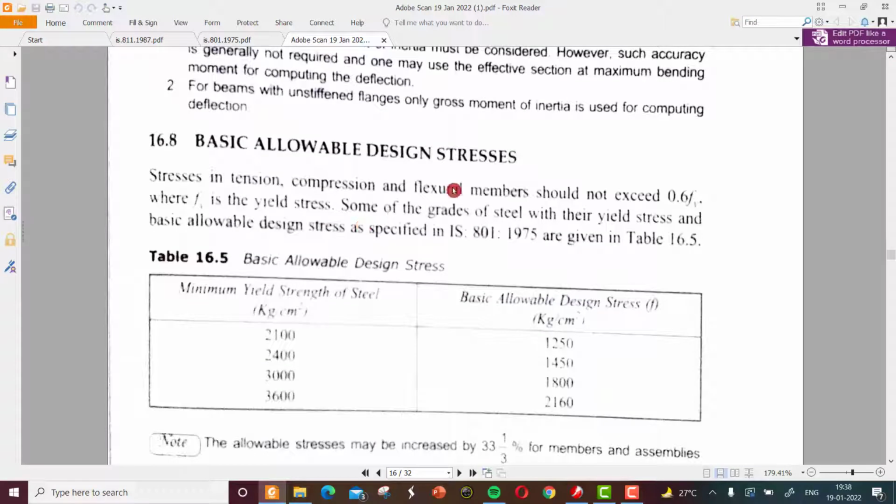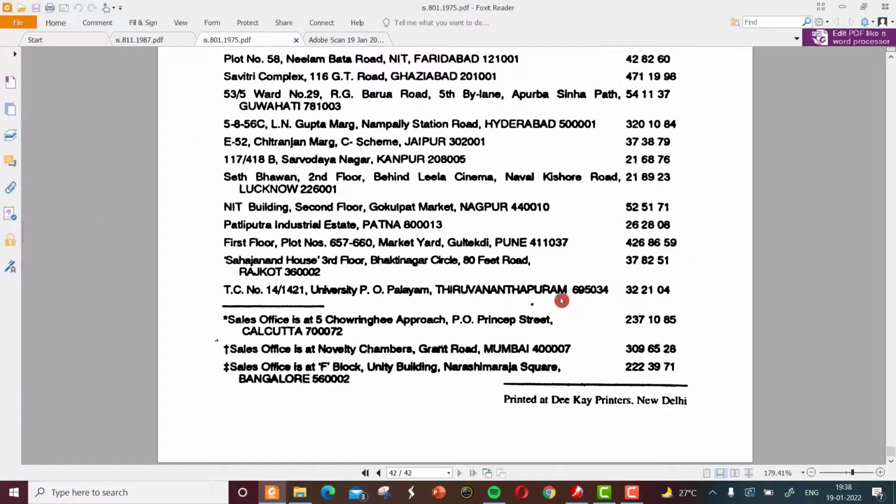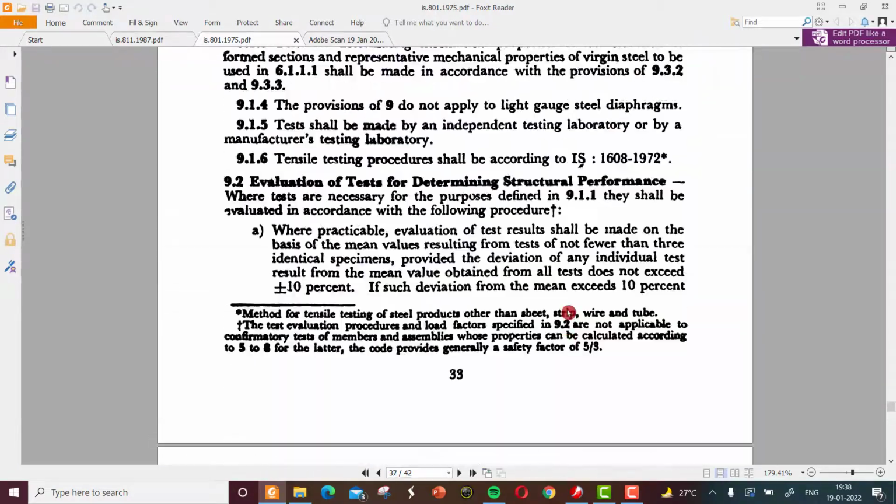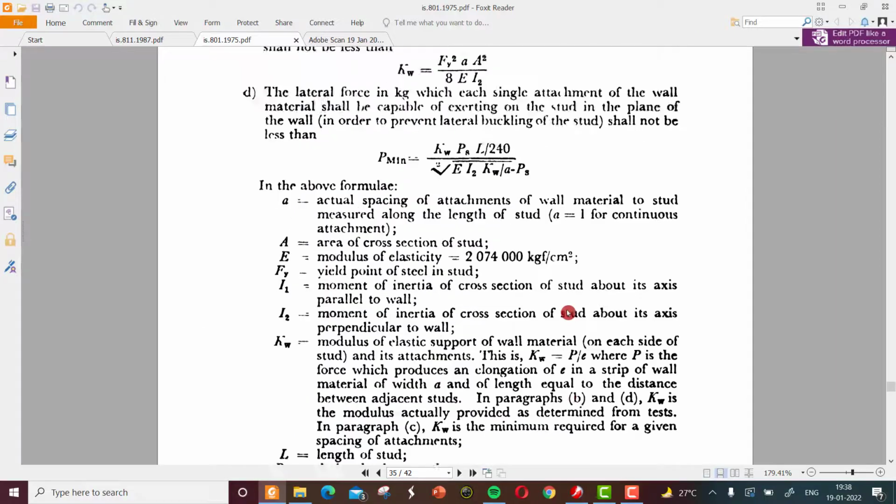And basic allowable design stresses for different yield strengths are given in this table, but this is actually, I think, not available in the code. You'll see when you go through the code.